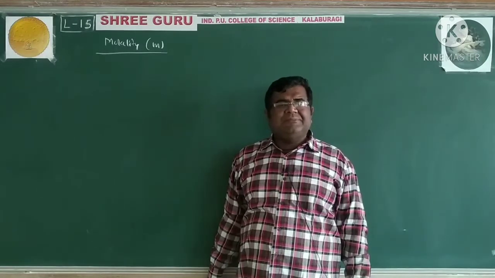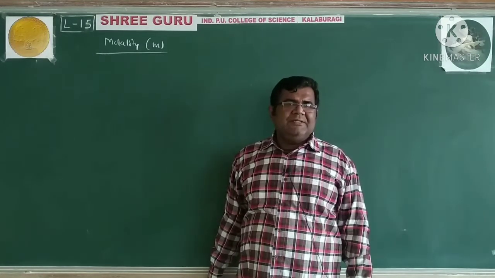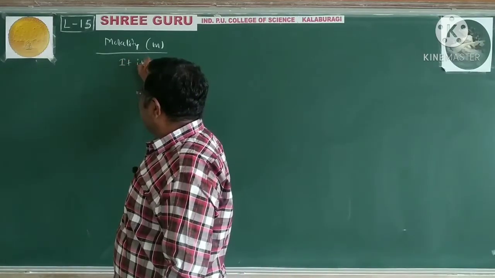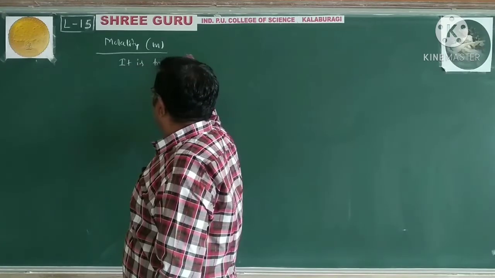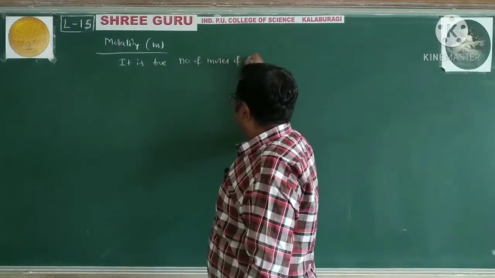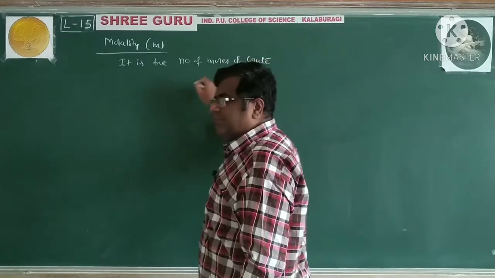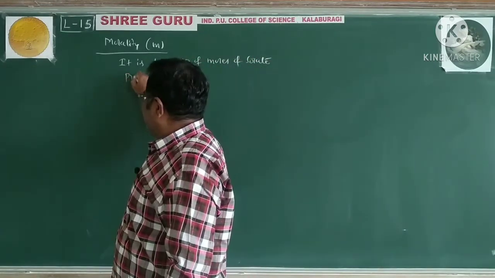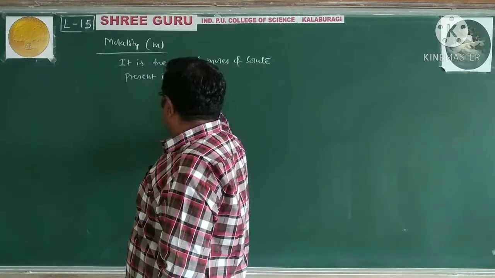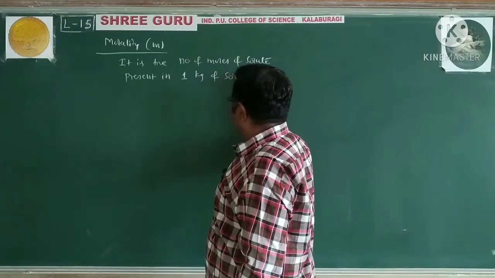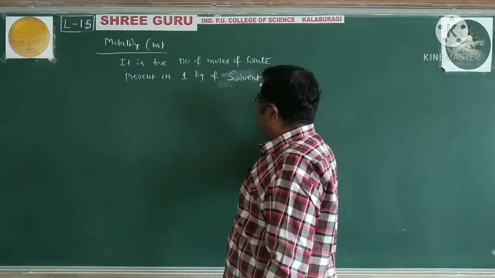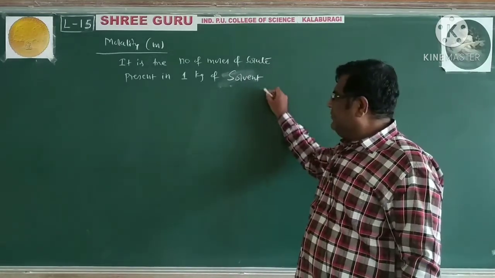Molarity is capital M and molality is small m. We can define it as the number of moles of solute present in 1 kilogram of solvent, the mass of solvent.